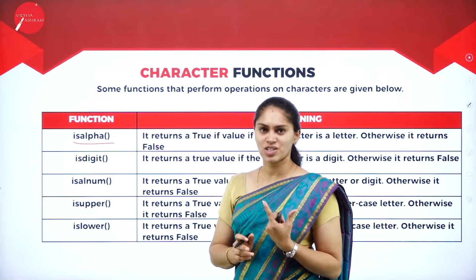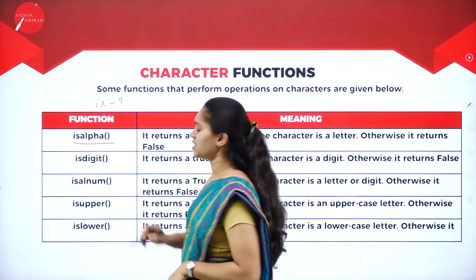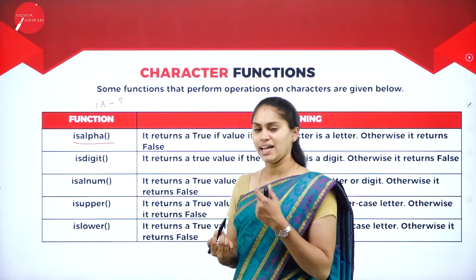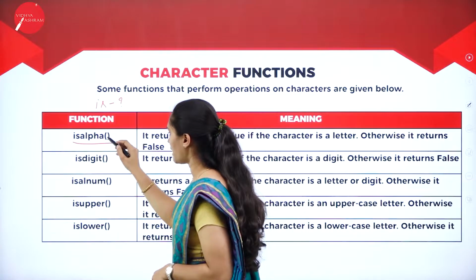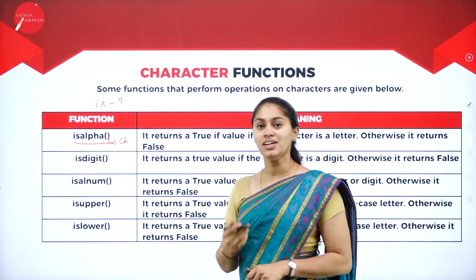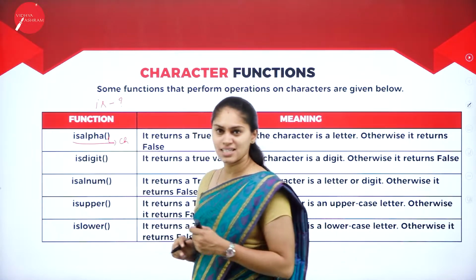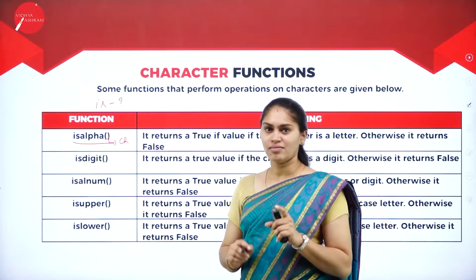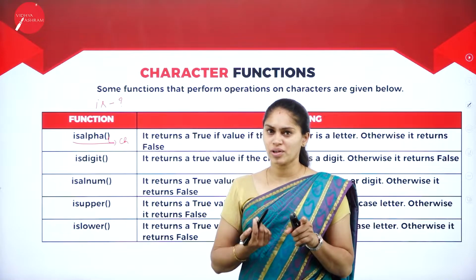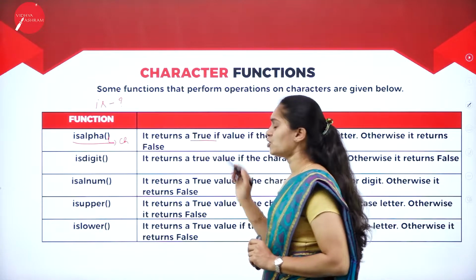So what is the first function we have? isalpha. The "is" is nothing but always a question mark. We are checking isalpha. Within that parameter I am going to send some character, and we are checking whether the character that I have sent is an alphabet. If the argument that I send is an alphabet, then it will return a true value.